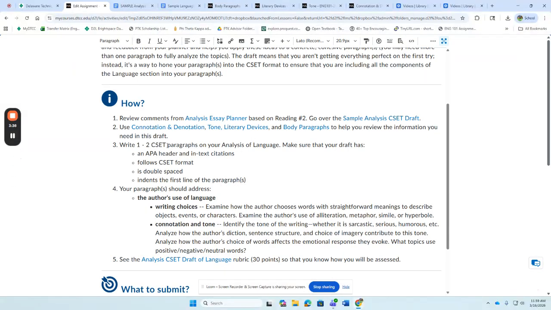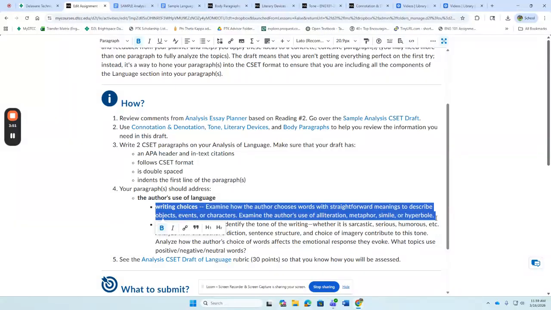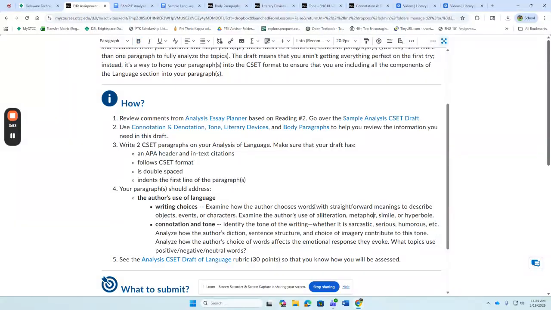So when we put this all together, remember that you are going to have 2 paragraphs here. You will have information that includes the following. Your first paragraph is going to be about the writing choices. So how did the author use alliteration, metaphor, simile, or hyperbole?